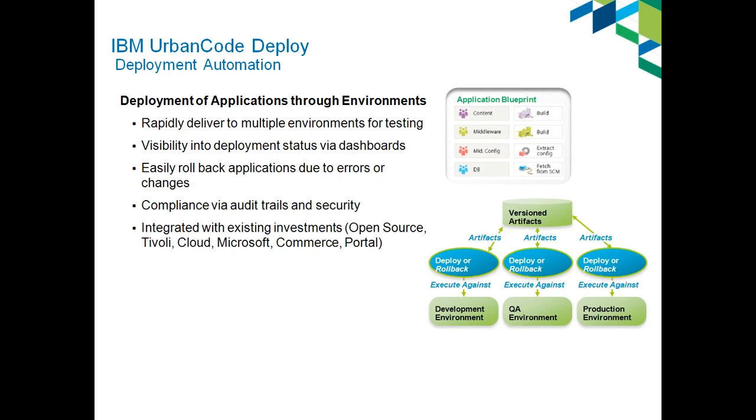It might be some application that runs as an EAR file or a WAR file or a jar file that needs to be deployed into an application environment. There will probably be some database content as well and database table changes to be deployed. And there could be some more complex middleware such as WebSphere MQ, WebSphere Broker, and various other platforms and technologies that you need to deploy onto.